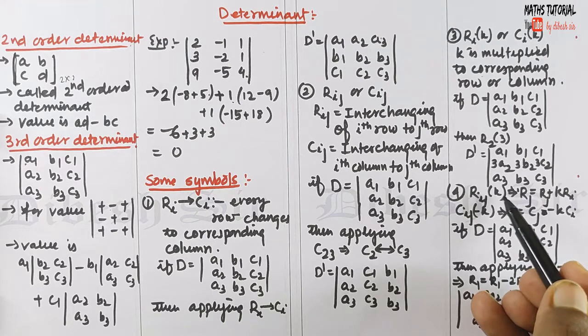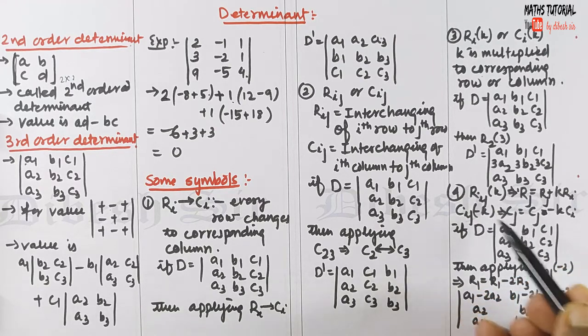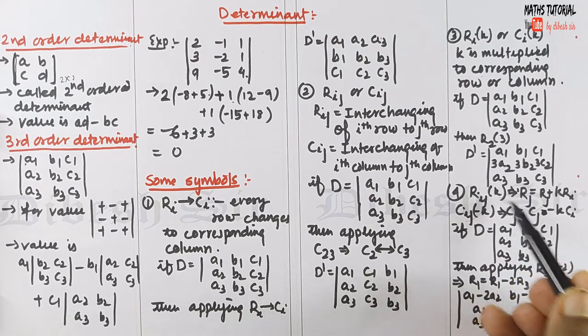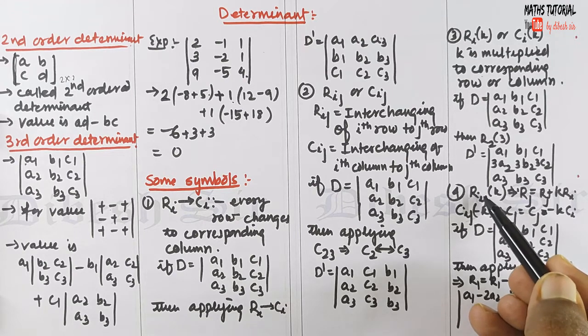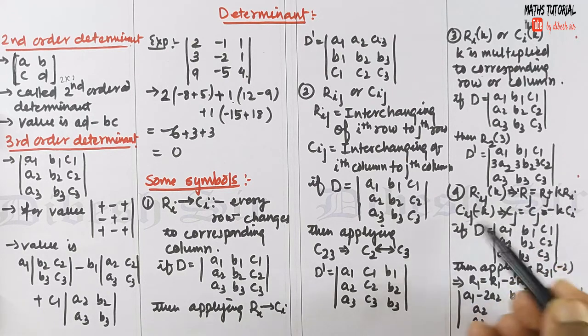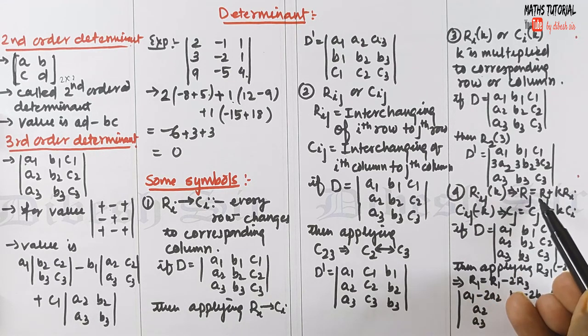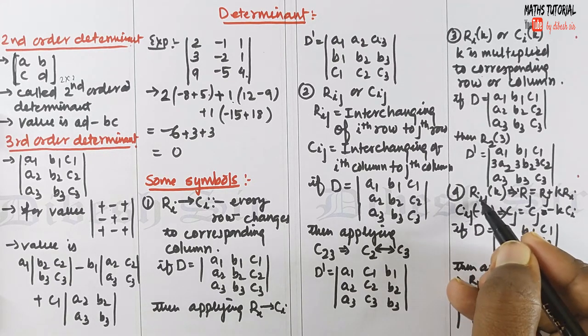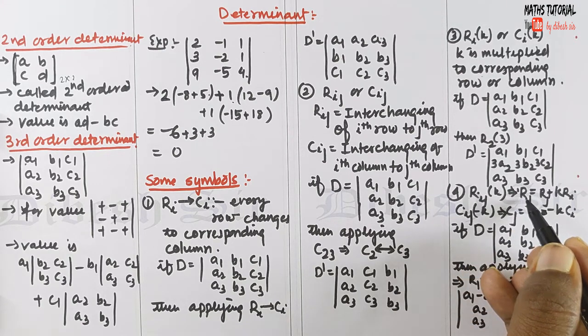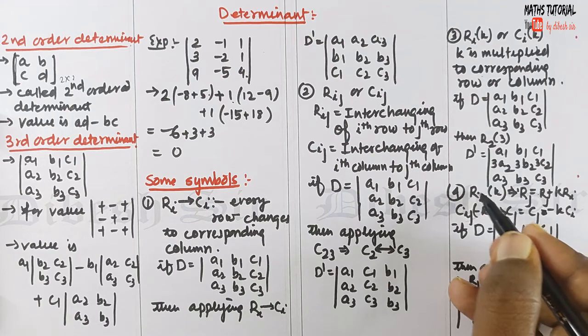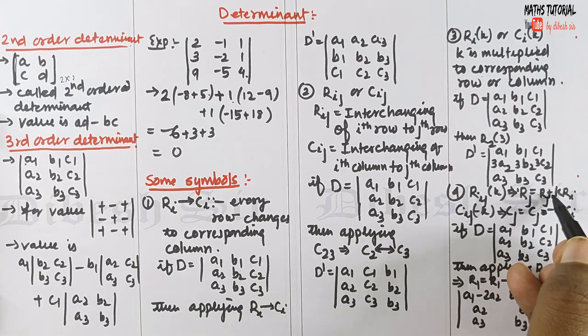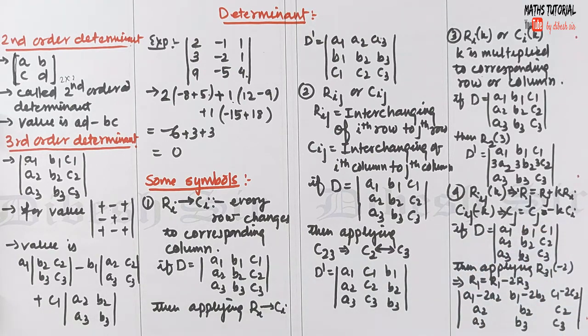Next, Rijk. Rijk, it is very important. Rijk means final part, that is Rj is equal to Rj plus K into Ri. Remember that Rijk, second part written first, is equal to second part written first plus K times of Ri.